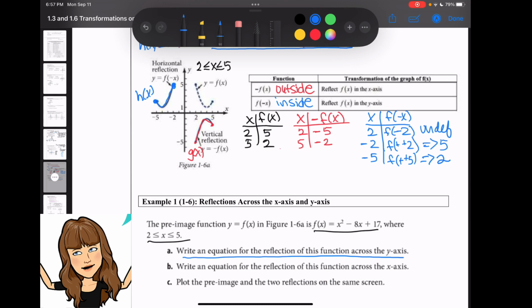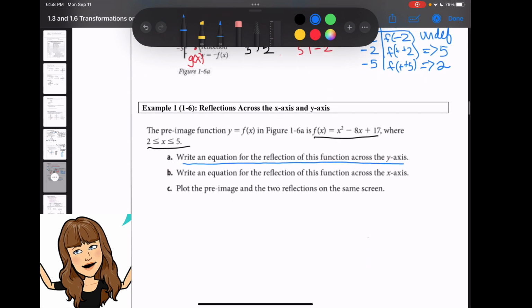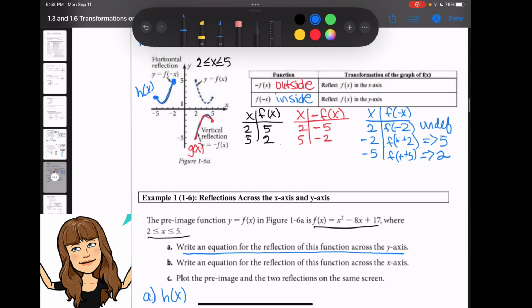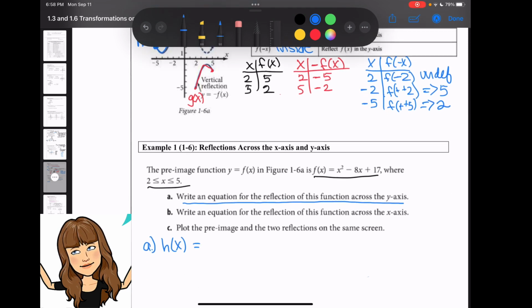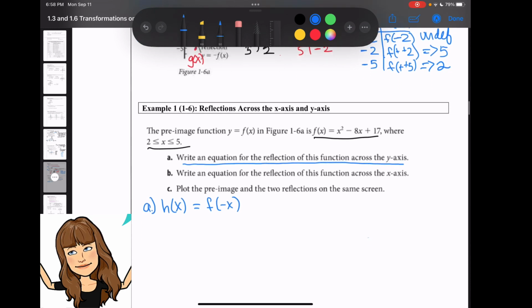Okay, and I'll show you how to do that algebraically, but also you can look at the graph and do it visually. All right, so for A, the way that we're going to get h of x is by doing the opposite of every single input, right? F of -x. So h of x is going to be the same as f of -x. Every single input gets negated, or the opposite. All right, so we're going to have, instead of x squared, -x squared.